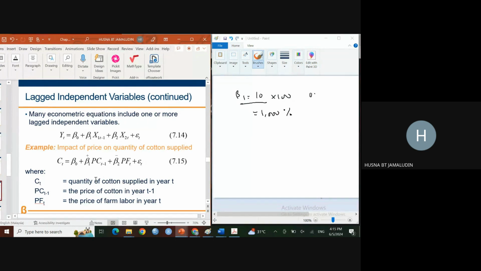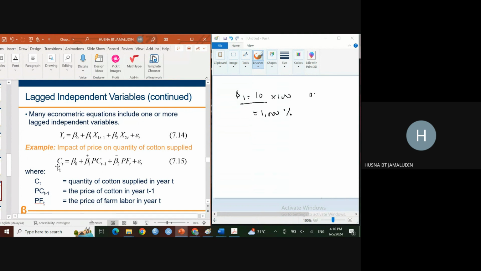So C is the quantity of cotton supply in this year, right? Suppose the price of cotton last year is very cheap. Cotton is normally used to make fabric, your clothes, right? So if the price of cotton last year is very cheap, what happened to your demand, your consumption this year?